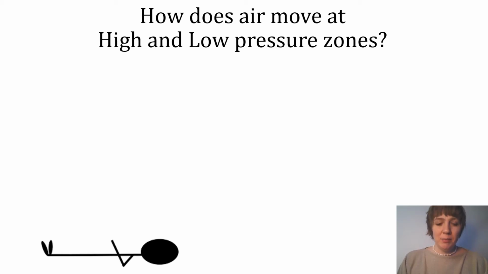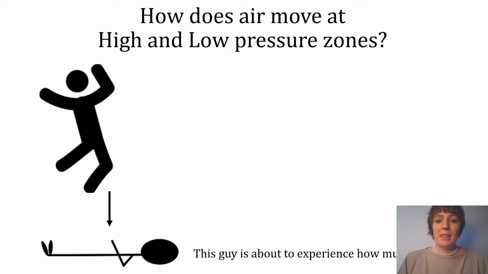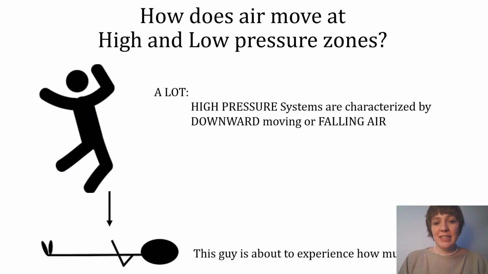Here we have a snapshot of someone laying right on the ground, and then their friend comes up and is about to pounce on them, right? Question for you is, how much pressure is the person laying on the ground about to feel? The answer is a lot of pressure, right?